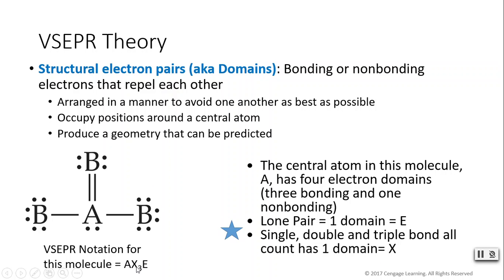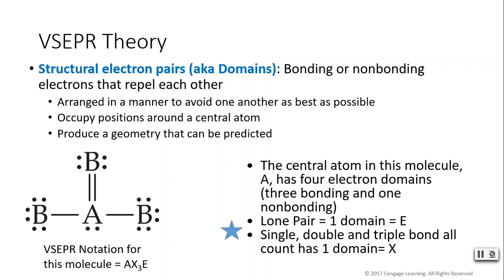The X stands for the number of bonded groups to that central atom. Note that it doesn't matter if you have a single bond or a double bond or even a triple bond. All of those count as one bonded domain. So for this generic molecule, we have 1, 2, 3 bonded groups, so my X has a subscript 3.